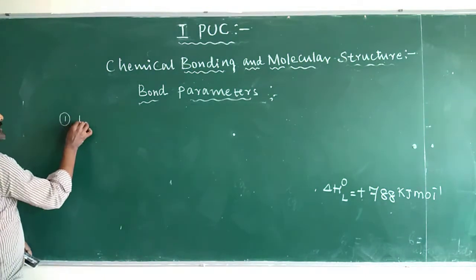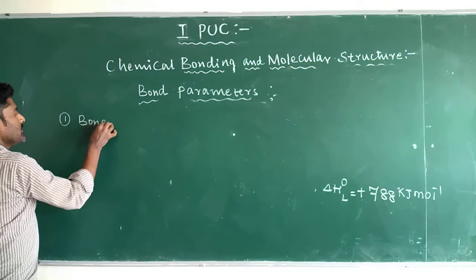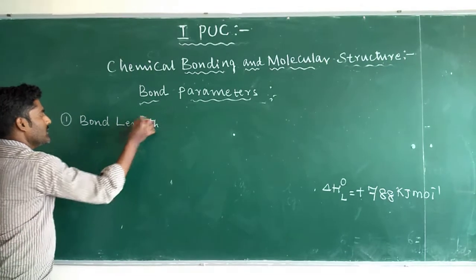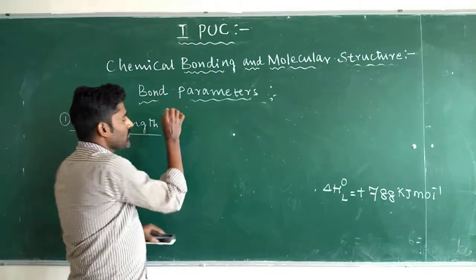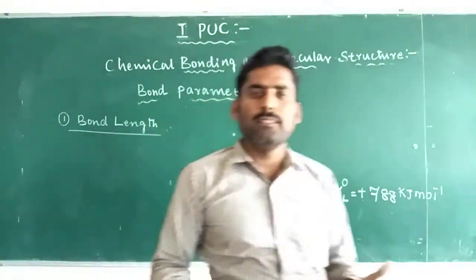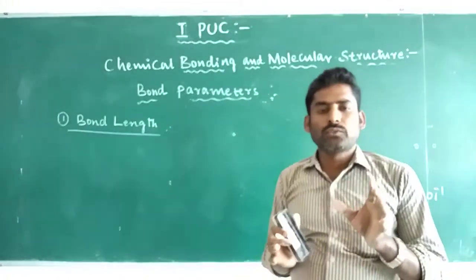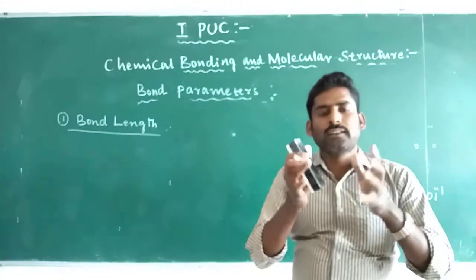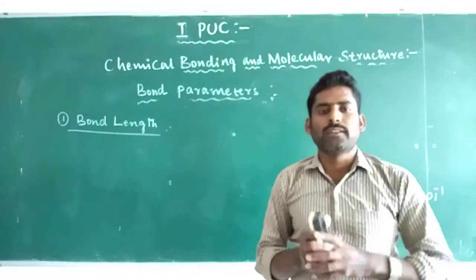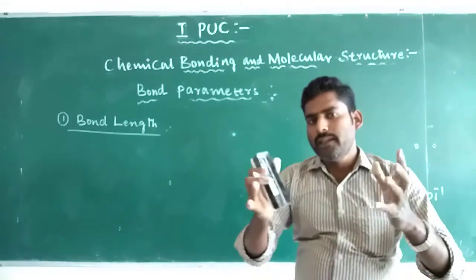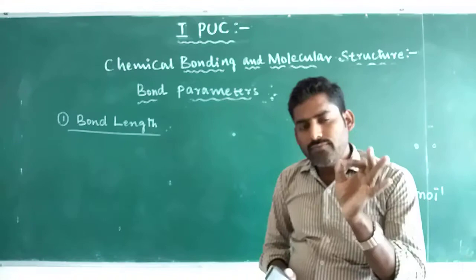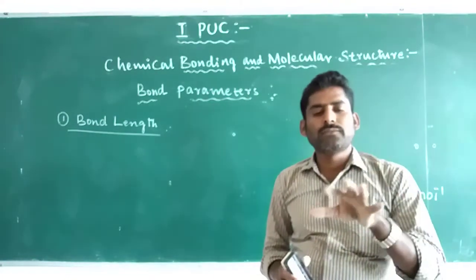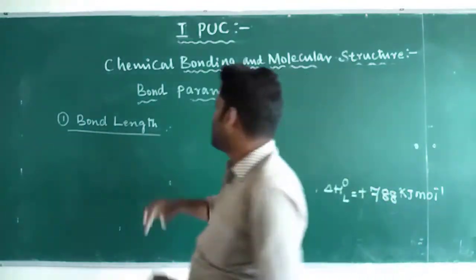First one, bond length. Bond length is nothing but the length of the bond. Between two atoms, a single covalent bond, a double bond or a triple bond may exist. The length of that bond present between two atoms is called bond length.